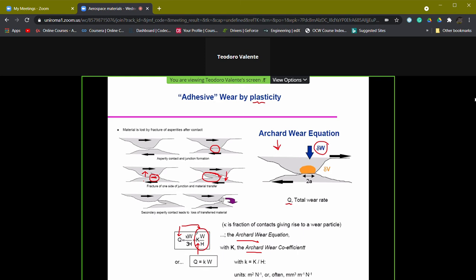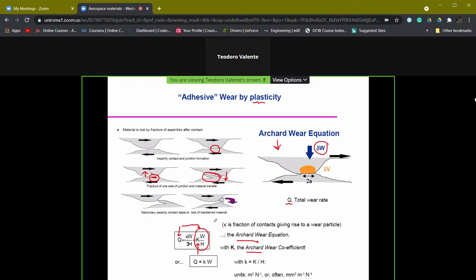So what we can see from this simple equation, and that's obvious, is that if you reduce the normal applied load, we can have a reduction of the severity of the adhesive wear, as well as if we increase the hardness of the weaker material, we can have a reduction of the material consumption because the yielding strength of the materials is going to be increased as well.